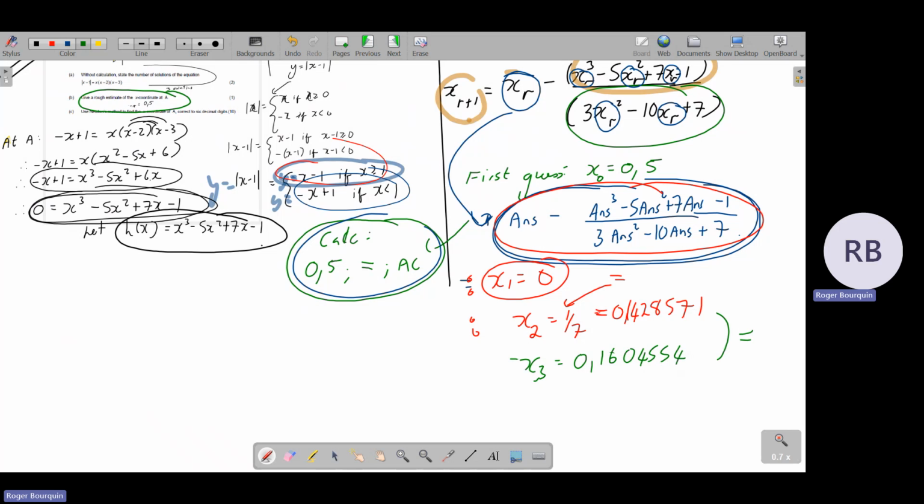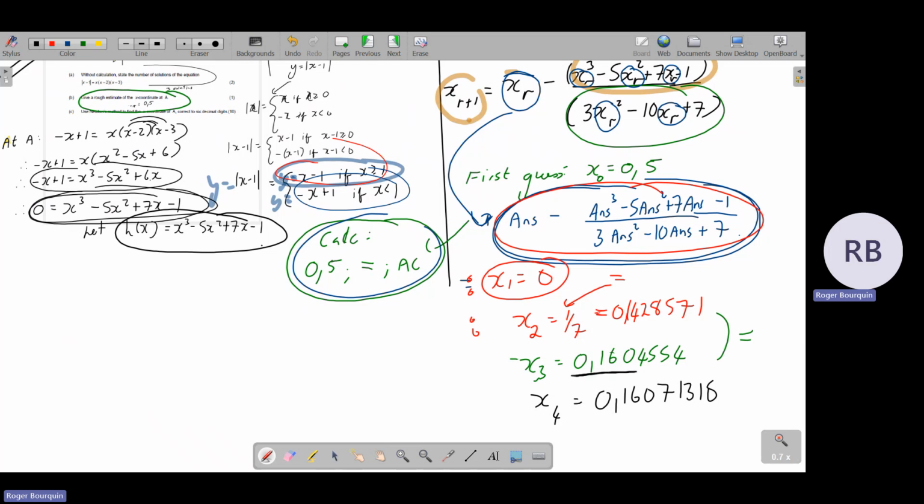Press equals again, and hopefully we start seeing some recursion now. I get x4 is equal to 0.16071318. Now, at this point, you're looking for repetition.